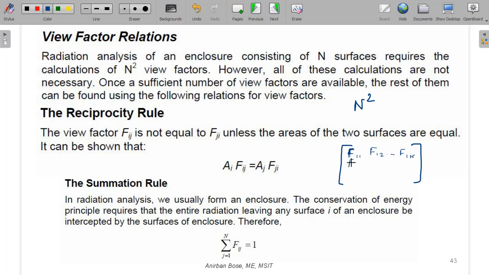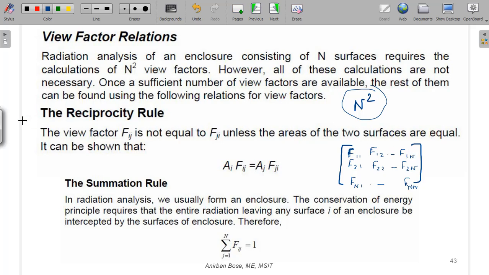Now you see F21, F22, F2n, and in this way Fn1 and finally Fnn. So you can see there are n square total view factors that you have to find out. Now the question is, all these view factors are not independent. So how many independent view factors do you actually have to find out?